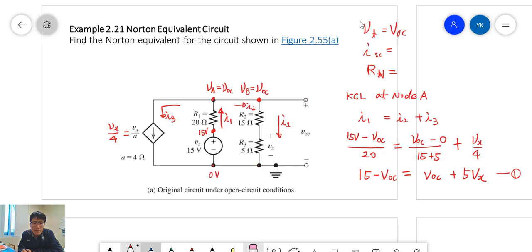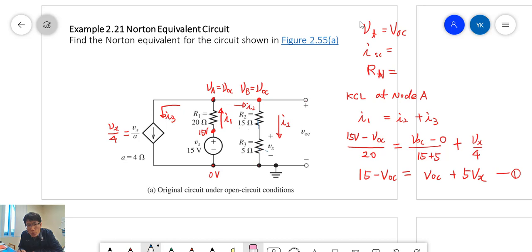For the second, in here a voltage division occurs, a voltage divider. So the current is coming in and the VOC voltage will divide across the resistances. The ratio is 15 to 5, which means 3 to 1.